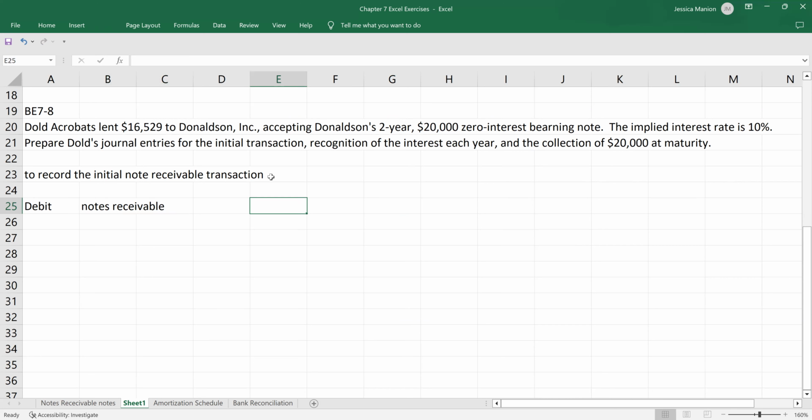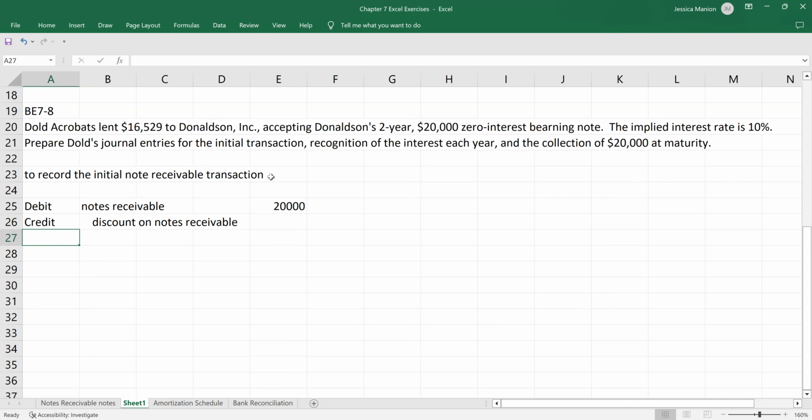When they pay us back, they're paying us back 20,000. So we debit notes receivable for 20,000. We're going to credit the discount on notes receivable for the difference between the amount of cash we're paying and the amount of cash they're paying us back.